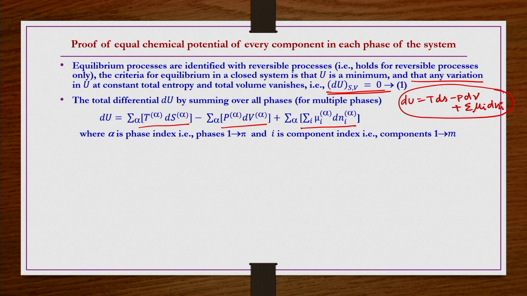Here alpha is a phase index that changes from 1 to pi number of phases, and i stands for the component index, and there are m components, let us say 1 to m.